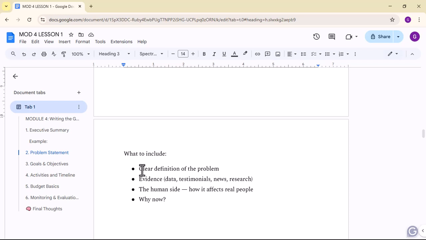So how does this problem of no water affect real people living in that place? Remember, all of these are still part of evidence. They are still part of the initial research that you have to work on.